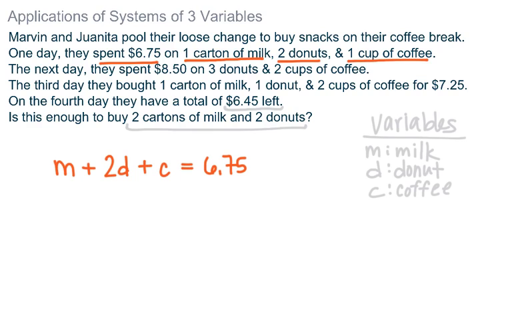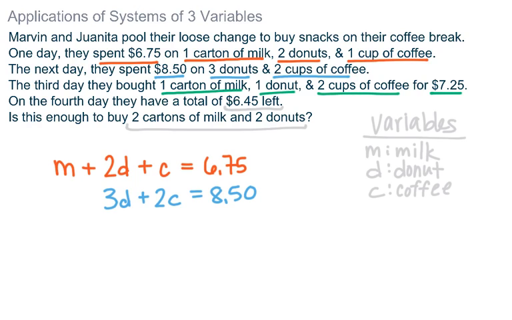On the next day, we spent $8.50 for three donuts and two coffees. So 3D plus 2C equals 8.50. On the third day, we bought one milk, one donut, and two coffees for $7.25, which gives us the equation 1M plus 1D plus 2C is 7.25.